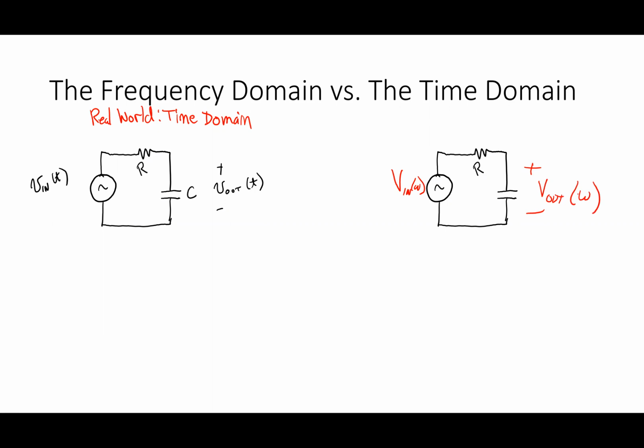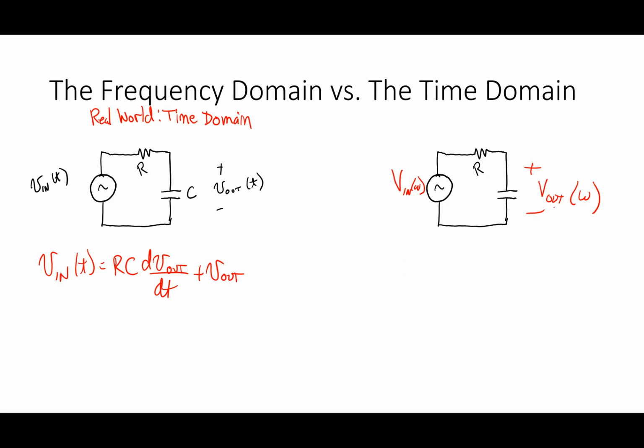And it turns out that in the time domain, if I do KVL, V in of t is equal to RC dV out dt plus V out. Over here, what would I end up with?